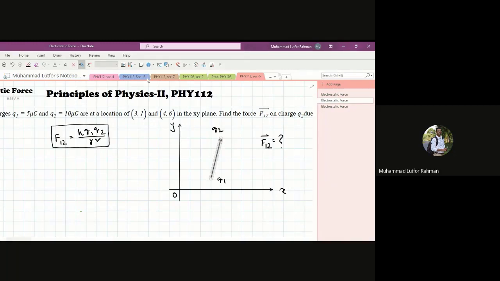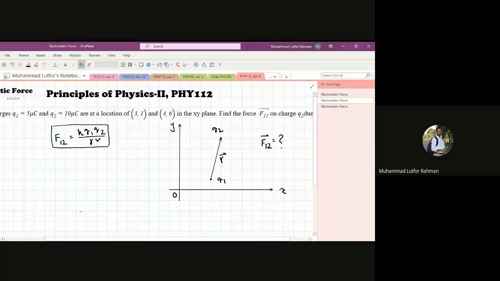This will be my R. It's an R vector because I use the arrow sign. If I can find the R position vector, I can also find its magnitude, that would be the distance.